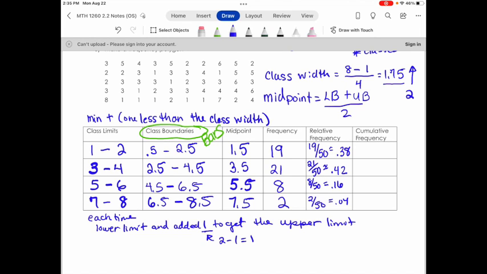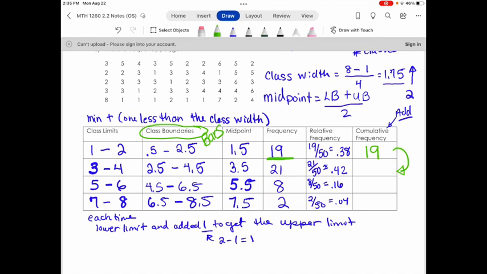Now, the last column is cumulative frequency. And remember, cumulative is a fancy way of saying we're going to add. We're going to add up all the values. So when I look at the first class, I'm looking at the frequency because it's saying cumulative frequency. I'm starting off with 19.